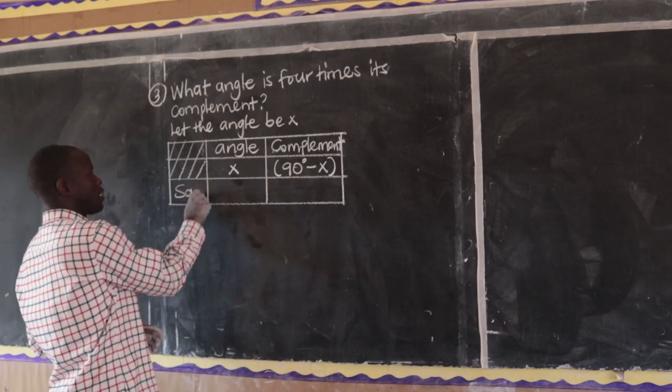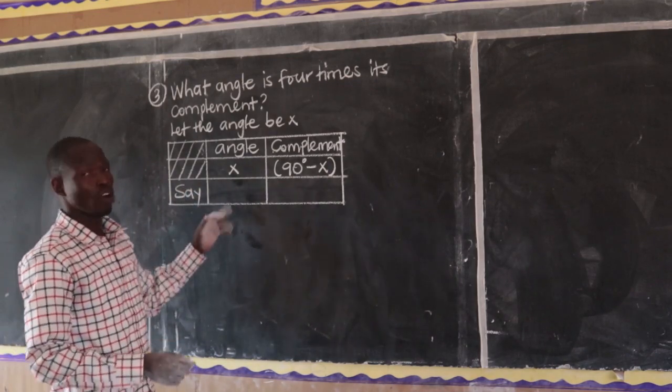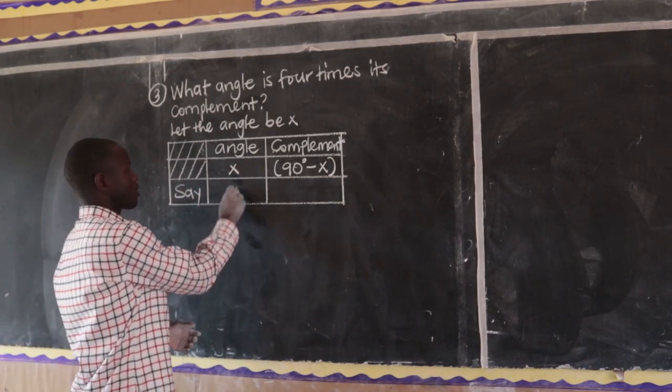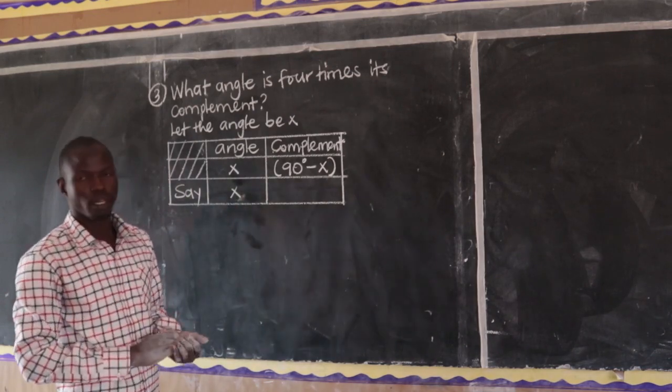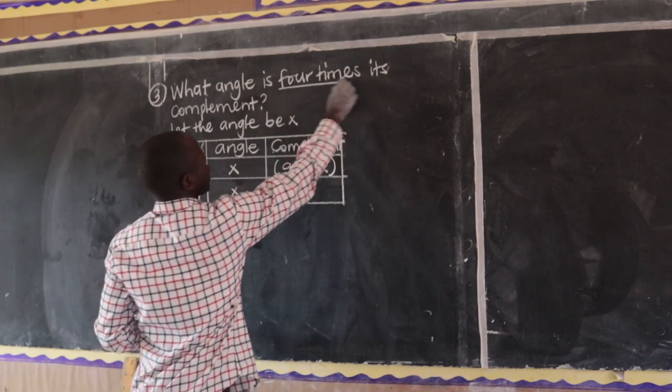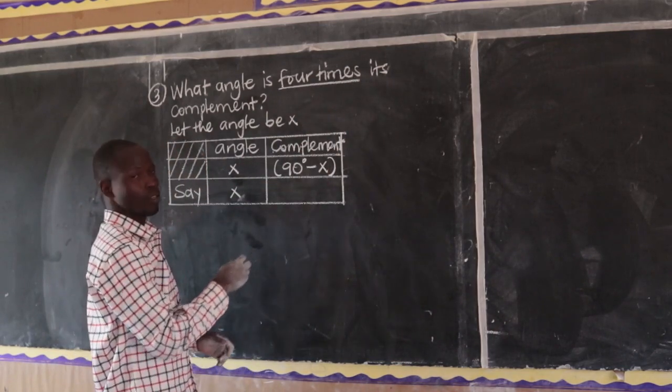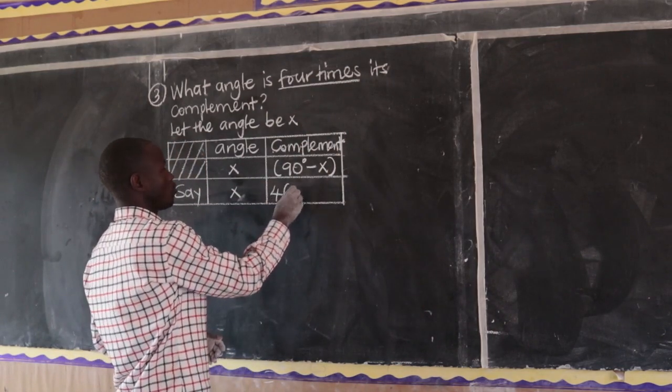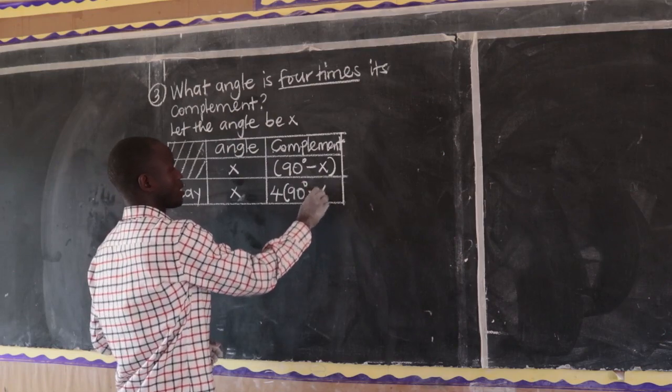In this step of angle, you maintain it as x, and the complement will be multiplied by 4. So we shall say 4 into brackets 90 degrees minus x.